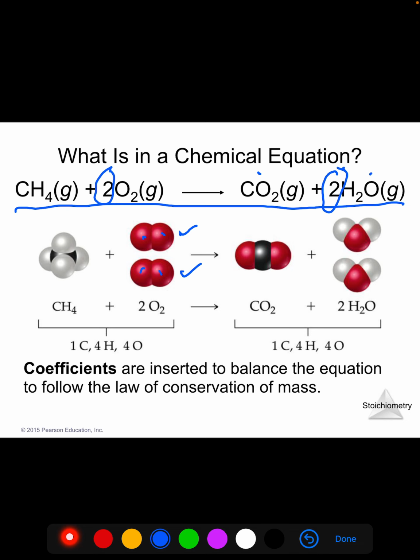Whole number, regular numbers as opposed to a smaller subscript, and we'll be dealing with some superscripts when we talk about ions or maybe isotopes. But these coefficients are written in front of each compound and tell us how many of them we are going to react. The 1 is understood, so we don't need to write 1 for our coefficient if we have 1 of something reacting or 1 of something produced.